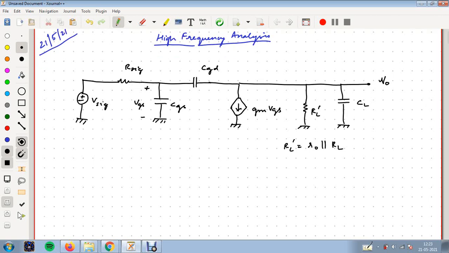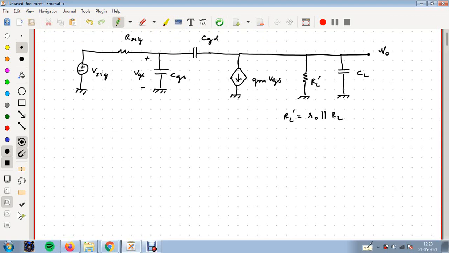So while using the Miller's theorem method, I'll write Miller's theorem method.